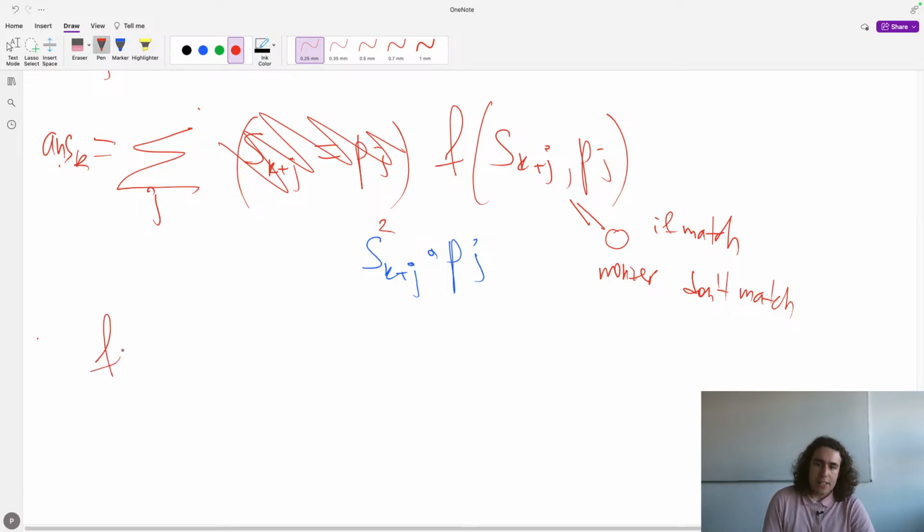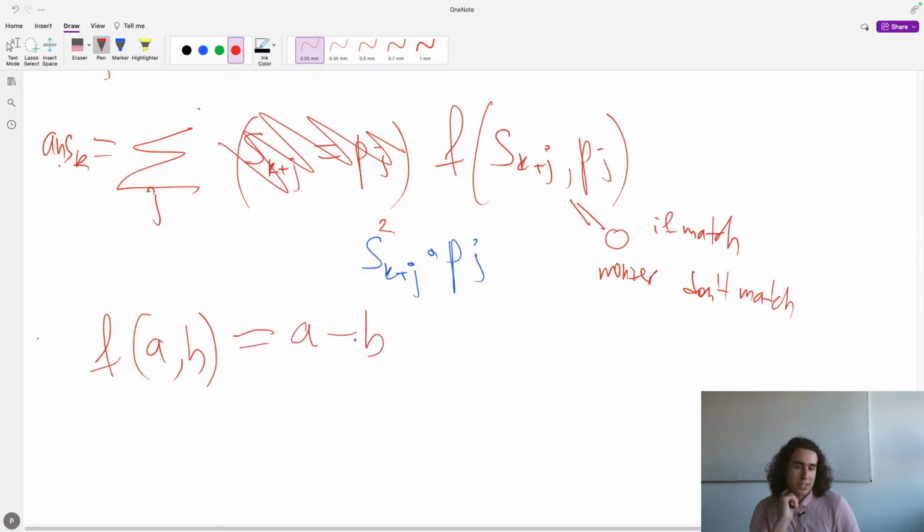So we need some kind of function f a b that is somehow algebraic, and it should be 0 if we have a match and non-zero if it's not a match. Well, that's obvious. You can just take a minus b. But that's not going to work for us, because this value can sometimes be negative.